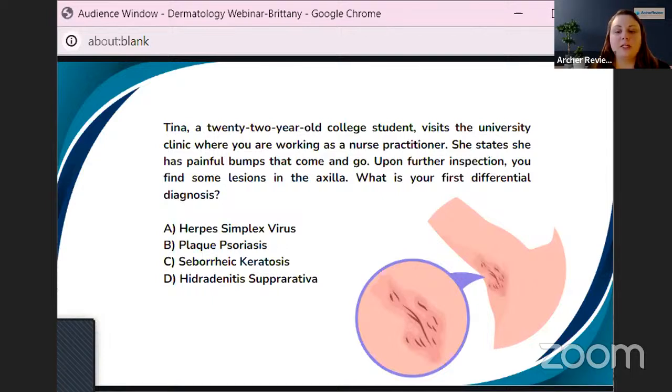If you work in dermatology, that herpes simplex virus is going to be more on the mucous membranes. Plaque psoriasis can be really anywhere on the skin, but this one doesn't talk about plaques. Seborrheic keratosis, that one's going to be more of that chicken skin on the arms. And so this one is just going to be leaving you with D.